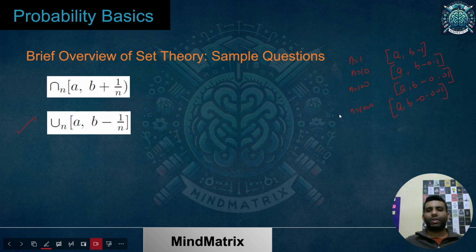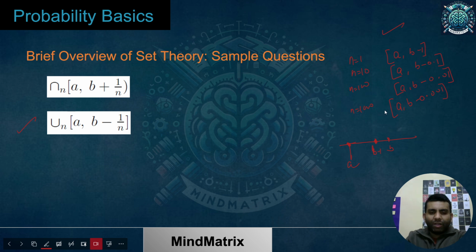So you can see over here, what are we coming up with? If this is a, which is definitely included, we know. If over here I put b, and if I put b minus 1 over here, let's suppose b minus 1 is present over here. So for the first one, we have a to b minus 1, and then I have to take a union with the next number, which would be greater than that, obviously, because if I keep decreasing the number which is being subtracted from my main number, it will be increasing.